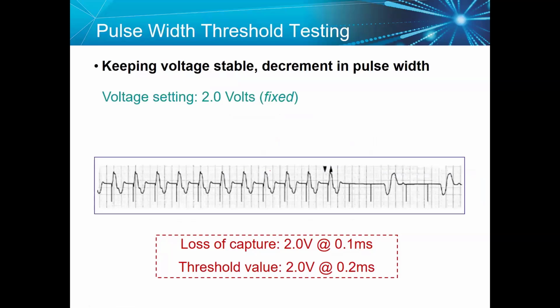Okay, and then we can change the pulse width. Here it's changing: the voltage setting is 2 volt and we are decreasing the pulse width. So we lost capture here at 2 volt at 0.1 millisecond, and actually our threshold is 2 volt at 0.2 millisecond.